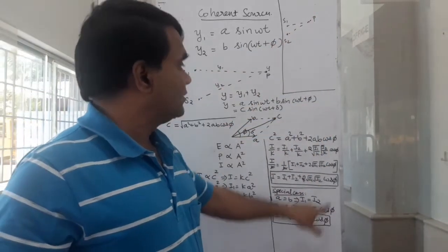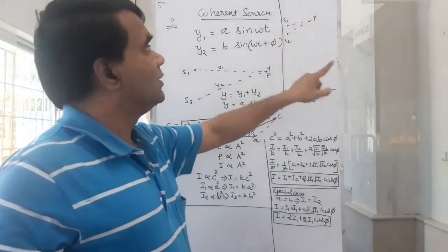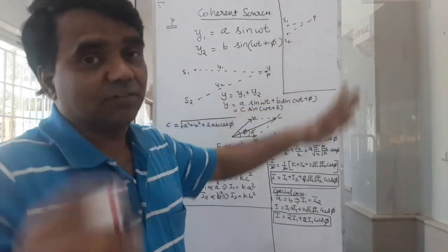Well, that depends on the phi these two waves make there. Okay? So if phi is 0, constructive interference.